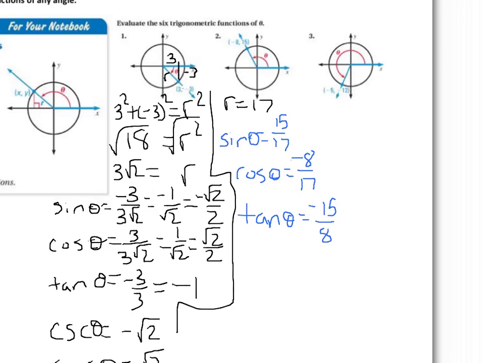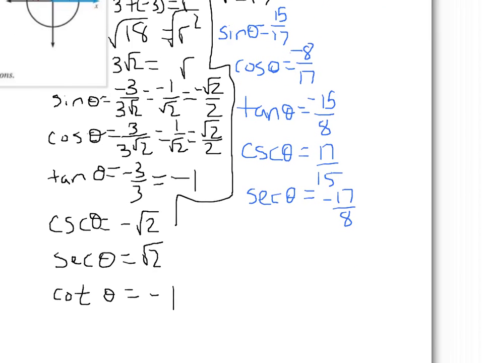And then cosecant, 17 over 15. Secant, negative 17 over 8. Cotangent, negative 8 over 15. So there we go.